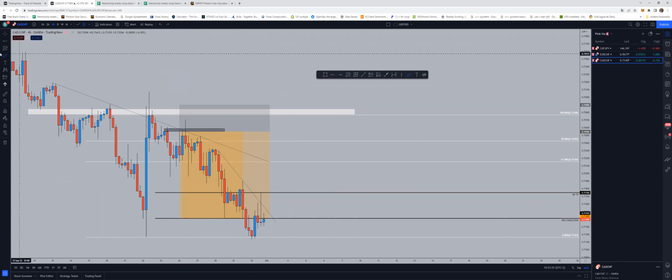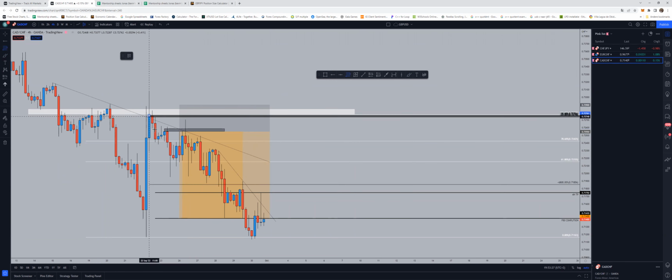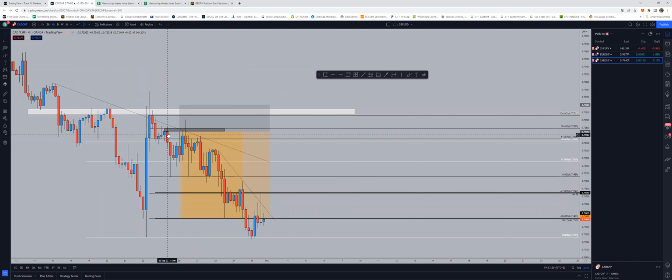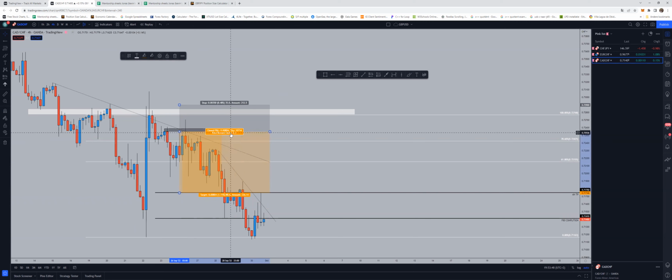If I take my Fibonacci from the high here to the low, as you can see, it's nicely between the 61.80 and the 78.60 of the Fibonacci. So I took my limit when we had here a nice close, and my limit went off, and we went straight till our 4-hour minus 27 TP for around 2.3%.